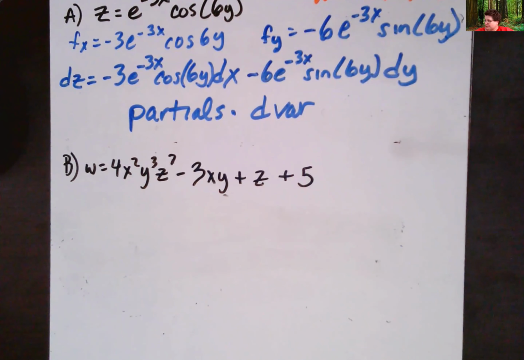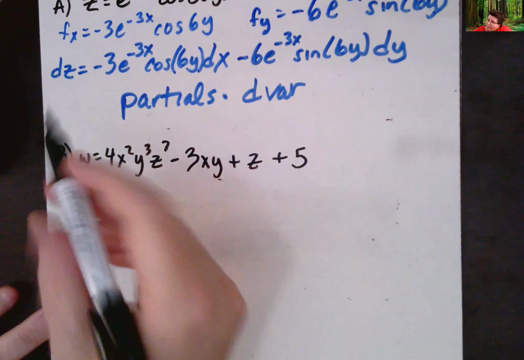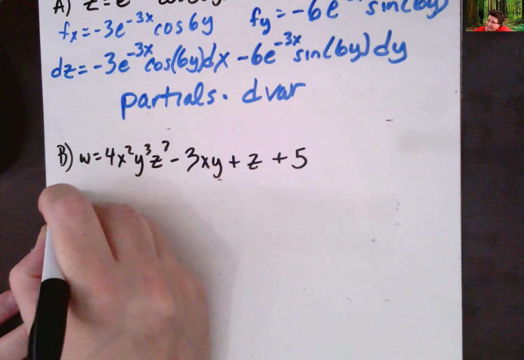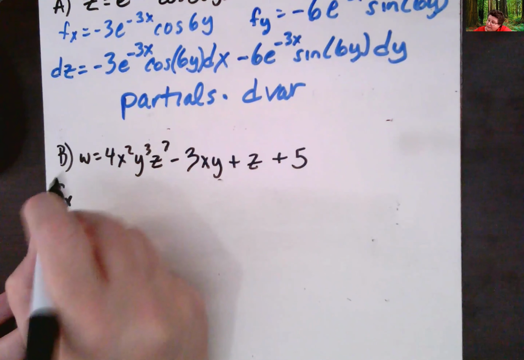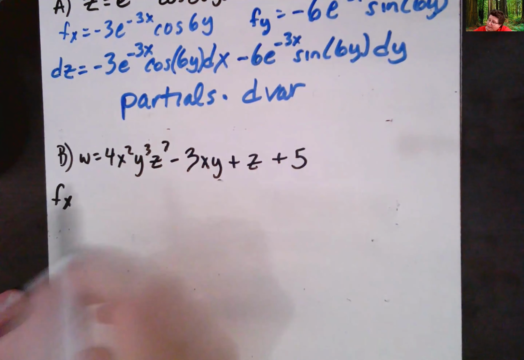Again, I'm going to write out fx, fy, and fz individually and then put them together. If I were comfortable doing it, I would bypass that and go straight to the total differential, and hopefully one day you guys will get there. But for now, I recommend just writing them out piecemeal.